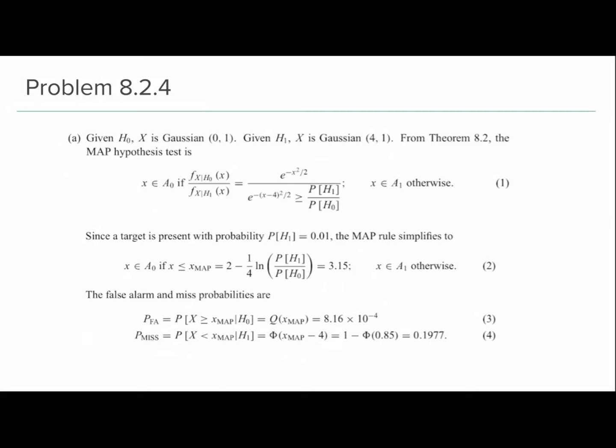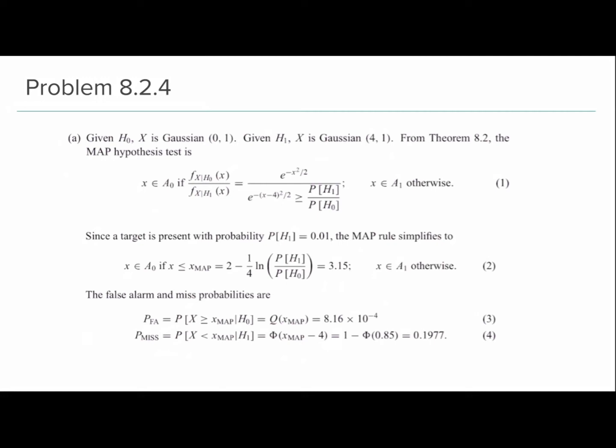We know the value of x MAP, so evaluating from the table of the Q function and standard normal CDF, we get 8.16 times 10 raised to the power minus 4.